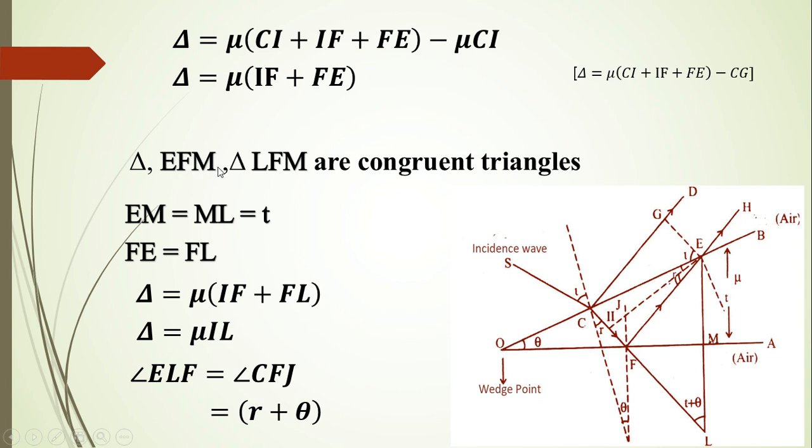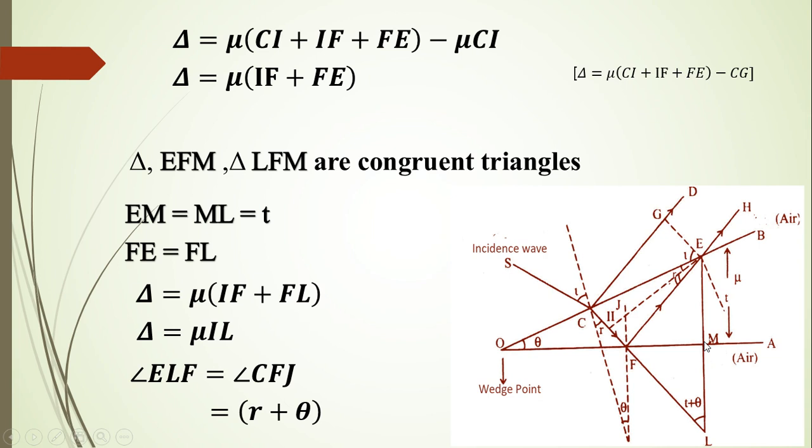Triangle EFM and triangle LFM are congruent triangles. Congruent triangles mean the sides are equal, so EM is equal to ML, that is t.